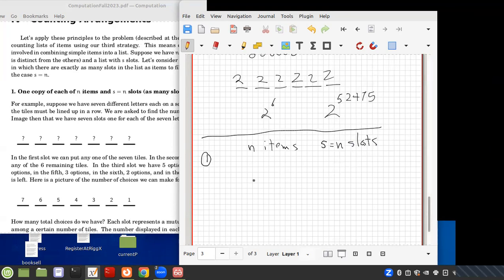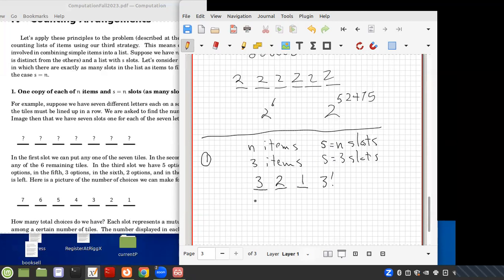Like if we have 3 items and s equals 3 slots, then we could put any of the 3 items here. We have 2 left over, so we could put any of the 2 left over there, and we have 1 there, right? So the answer is going to be 3 factorial. This is the same problem as scrambles.